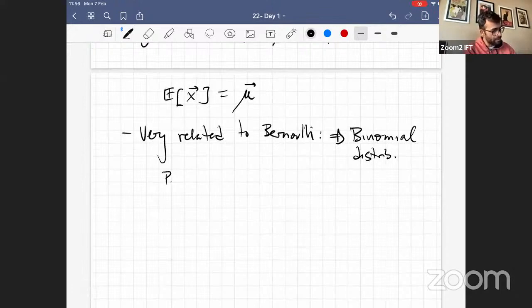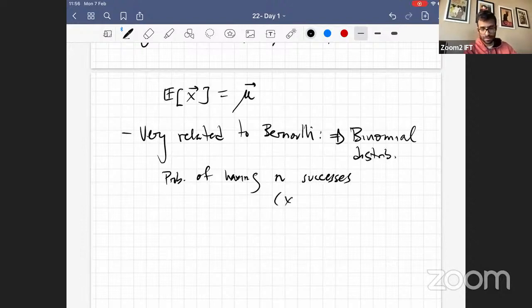It is the probability of having n successes, where I define a success by x being equal to 1, in capital N trials. So this is what defines a binomial distribution.